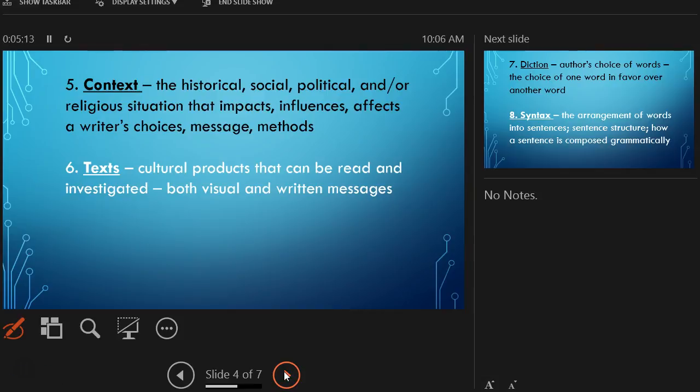All of this is important to rhetorical analysis. So this is where your history is going to come in. We're going to be doing a good bit of history. And the context is the situation in which the text is presented.